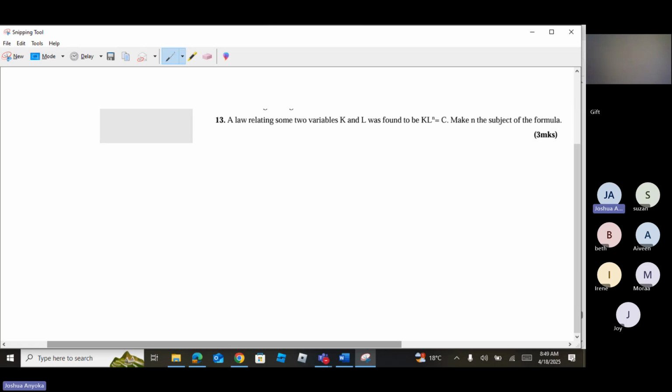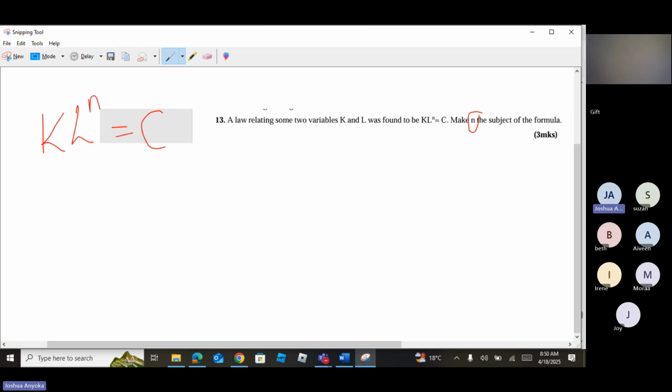It is necessary to know that if the letter you are making the subject is on the power, that is, we are making n the subject, and the law relating two variables k and l was found to be k l power n is equal to c.